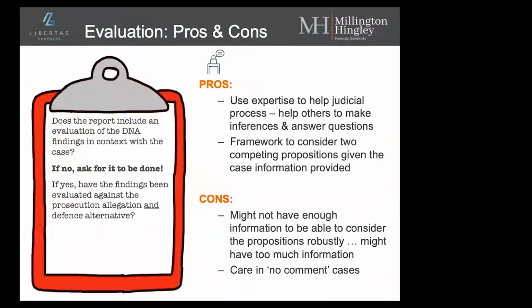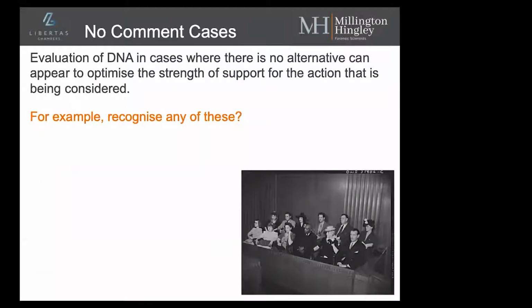If it has been evaluated, then check, has it been evaluated against the prosecution and the defense alternative? And if it hasn't, then ask yourself, do I know what the scientist is going to say if they're asked to consider a defense scenario? Because at this point, you might have had a report that says, well, the DNA could be explained if they touched the gun as alleged, or they handled the knife as alleged.